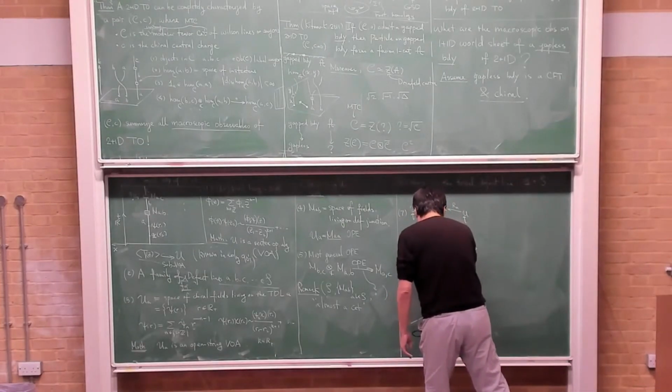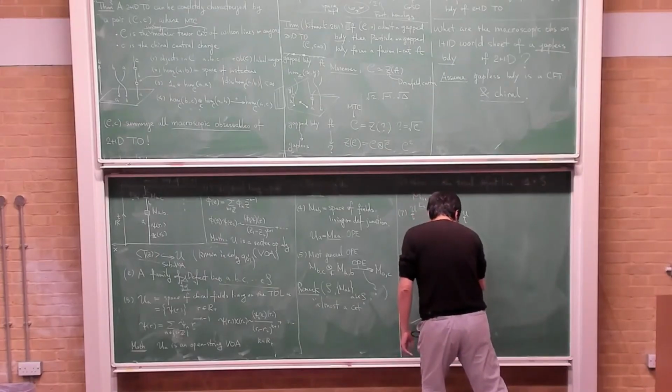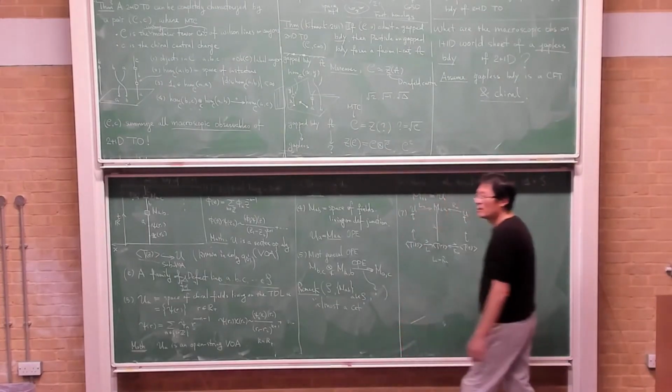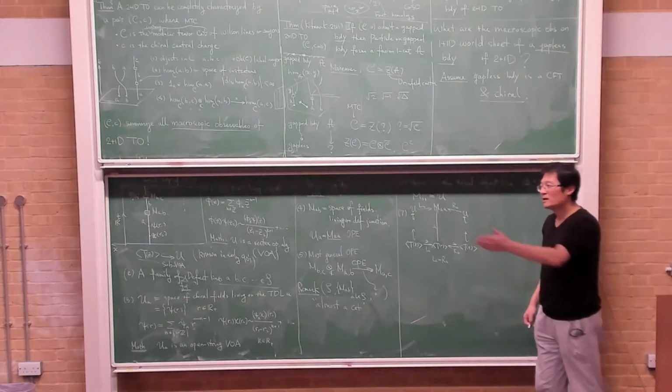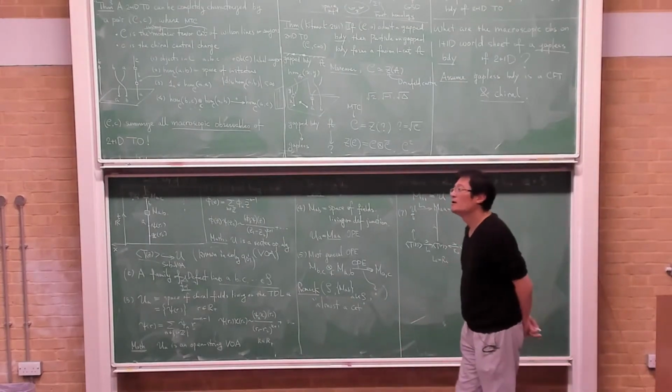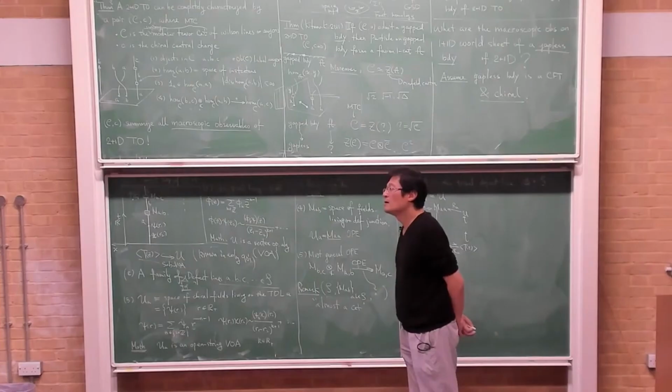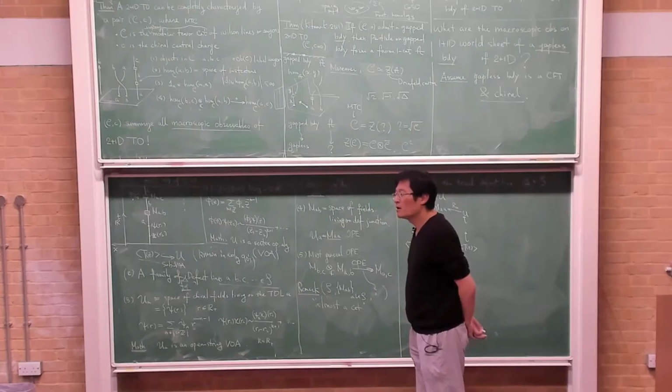Not only that, these two have to be equal. So here is my assumption. That just means that the energy momentum tensor of the bulk theory is the same near the line. What do you call this kind of defect?